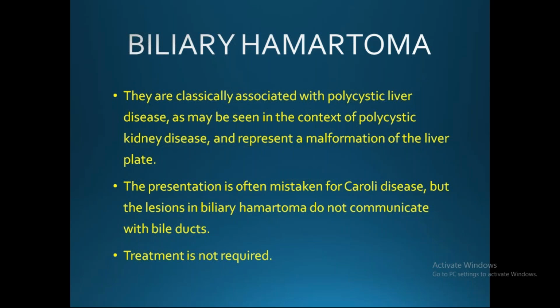These are the benign and premalignant lesions. Of these, the only premalignant lesion you should be watchful of is the hepatocellular adenoma, which can transform into hepatocellular carcinoma. The rest are just benign lesions.